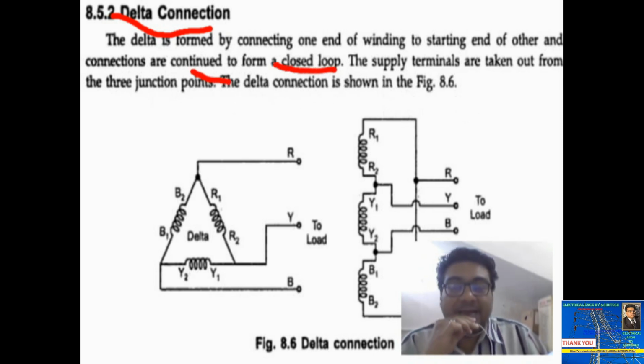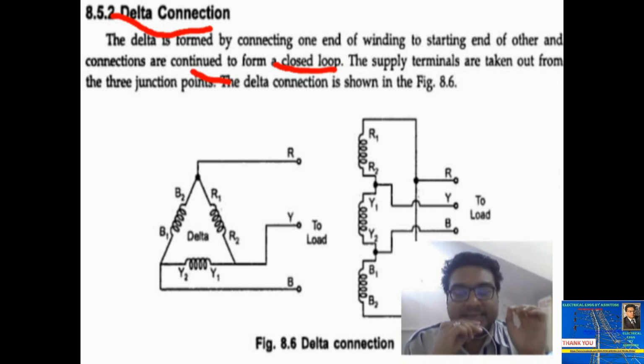So guys, here also there will be three coils, R1, R2, Y1, Y2, B1, B2, but the way these windings are connected is different. You can see यहाँ ये तीनों windings अलग तरीके से connected है और ये complete loop बनाती हैं guys. This will form a loop, so this will be called delta connection.